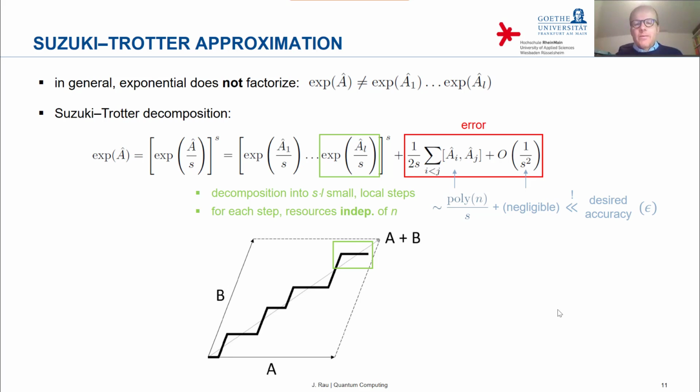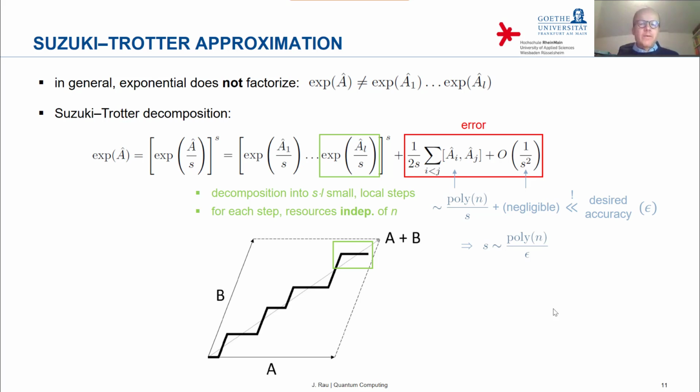If we have the requirement that the error, which is of the order polynomial of n over s, shall be at most of the order epsilon, then solving for s, we find that s must be at least of the order polynomial of n divided by epsilon.